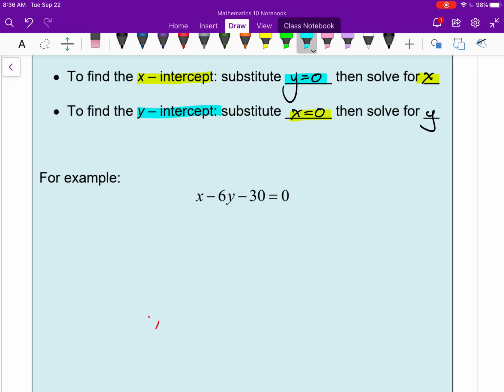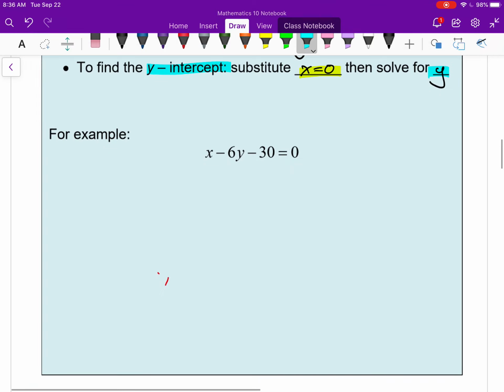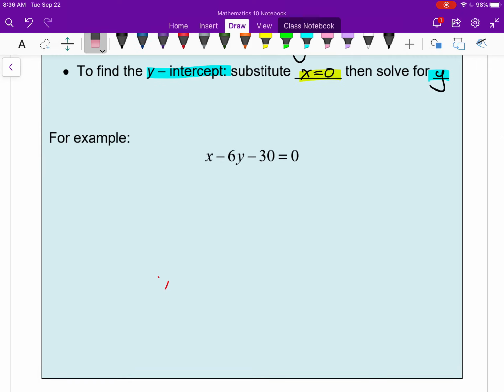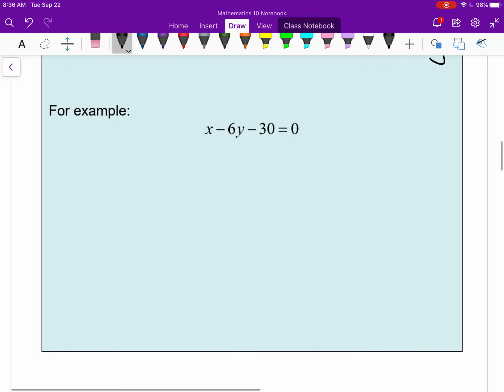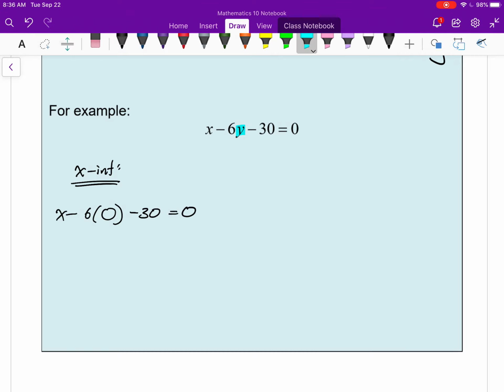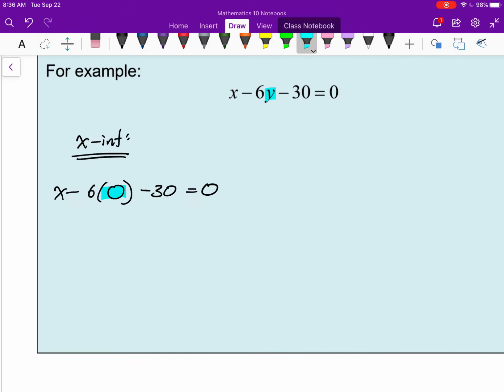So let's do that for this example. So I want to find, let's do the x-intercept first. It doesn't really matter. So if I want to find the x-intercept, I want to make y equal to 0. So I'm going to take my equation, and instead of y right there, I'm going to write 0. So I have x minus 6 times 0 minus 30, which is actually quite pleasant because I don't care how confident or not confident you are with your times tables.